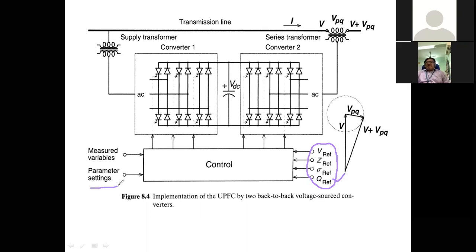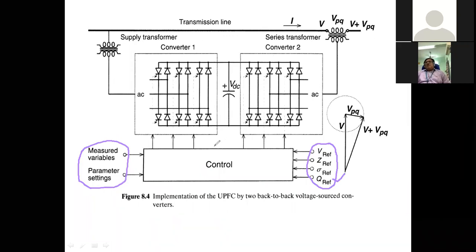Then coming to the actual current, voltage, and other powers that we have to measure. Real power, reactive power, all these we have to measure from the basic circuit diagram. So different quantities we are measuring from the power circuit diagram, and these are all fed to this control circuit. And other parameter setting is also done, required for these things.